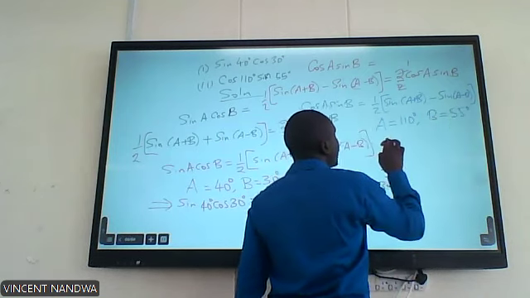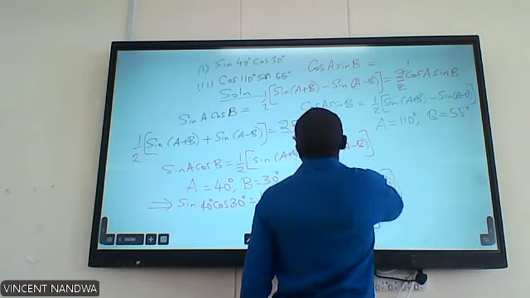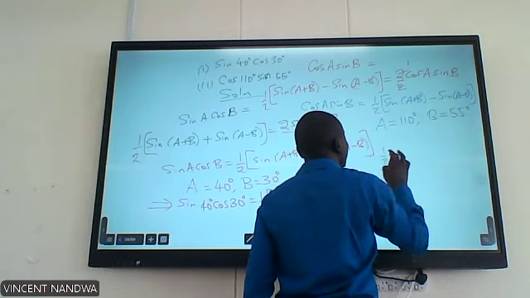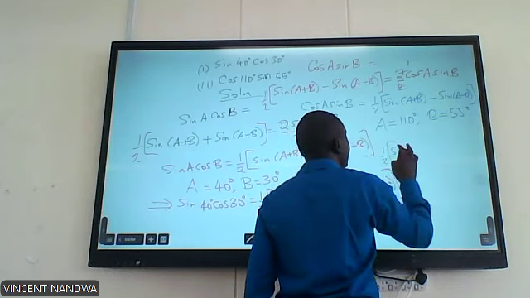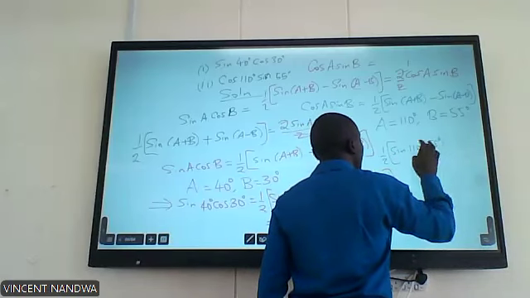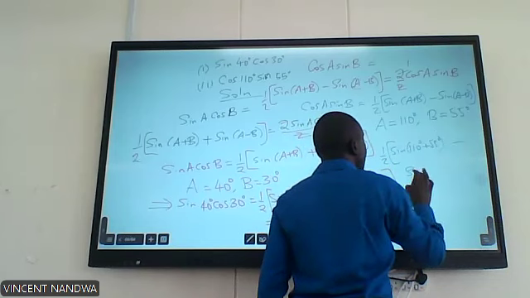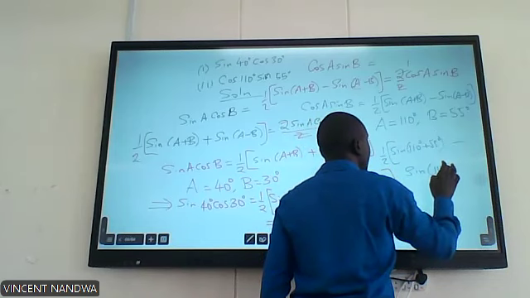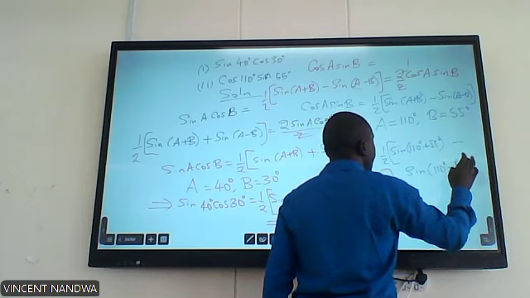So the answer will be a half into sine of 110 plus 55, then minus sine of 110 minus 55.